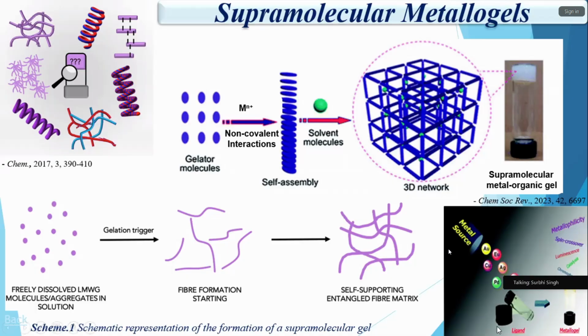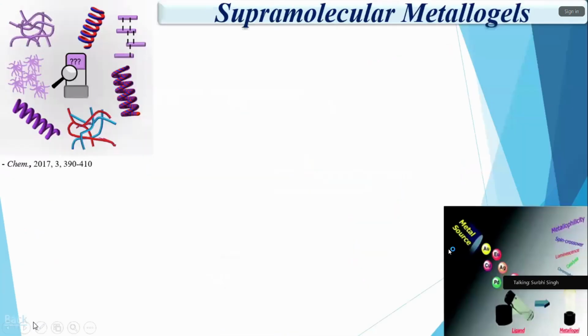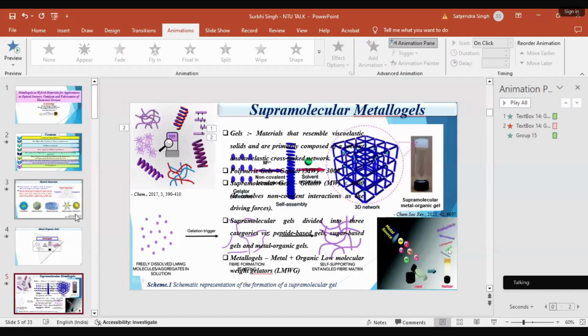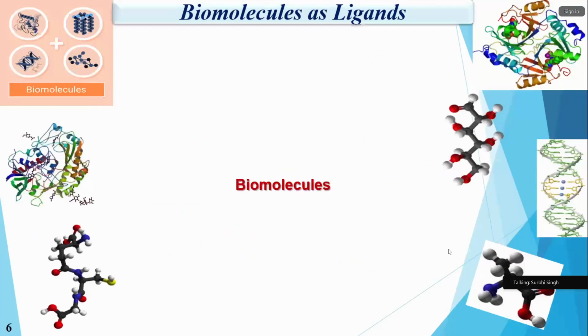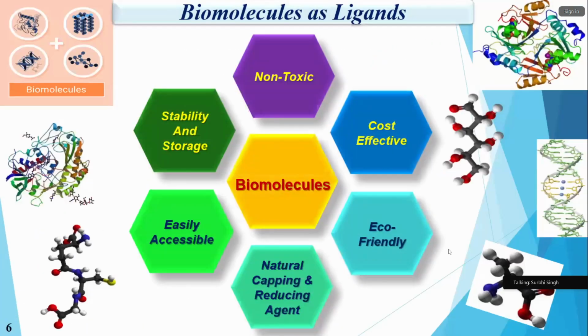So for the formation of these, we mainly focused on biomolecules as ligands because they are non-toxic in nature, cost-effective, eco-friendly, natural capping and reducing agents, and they can be easily accessible, stable, and their storage is easy.